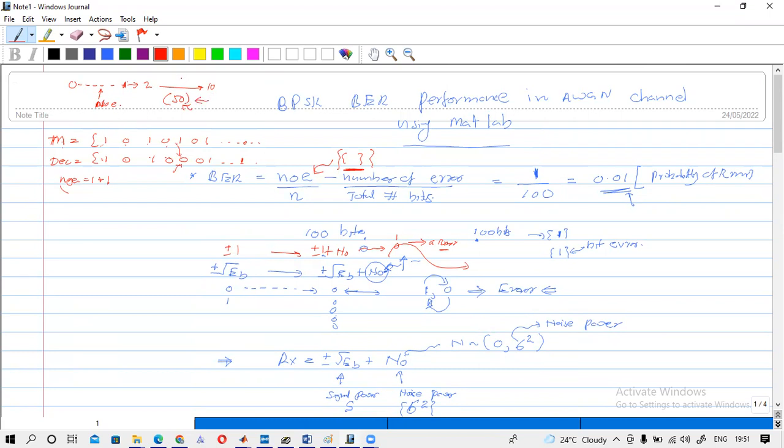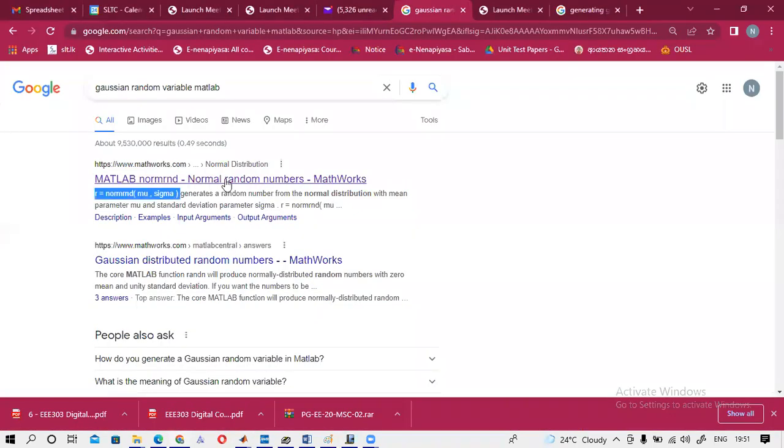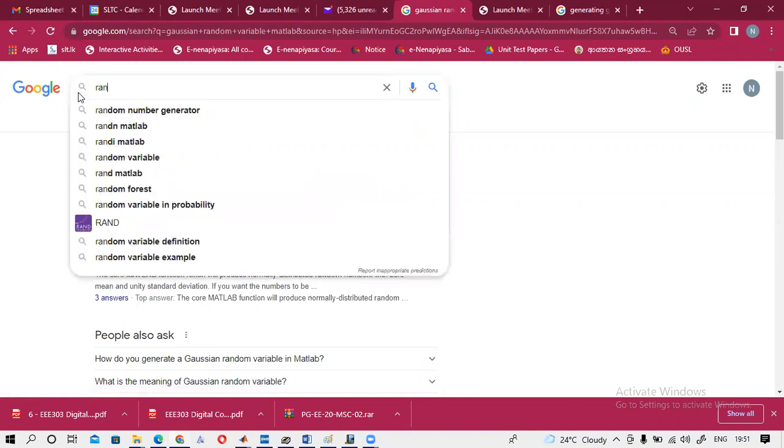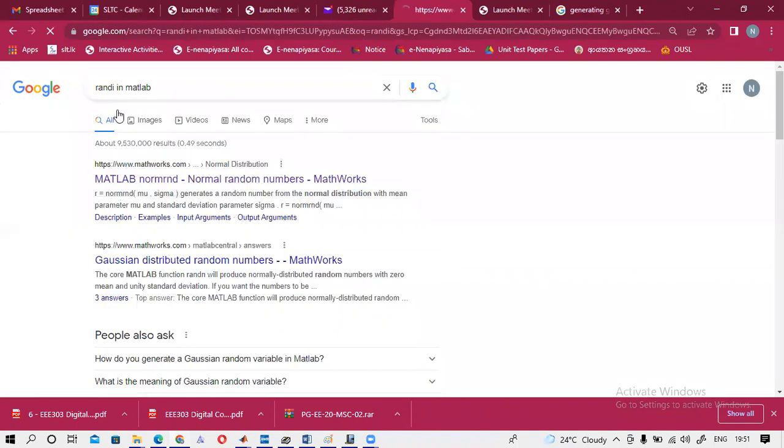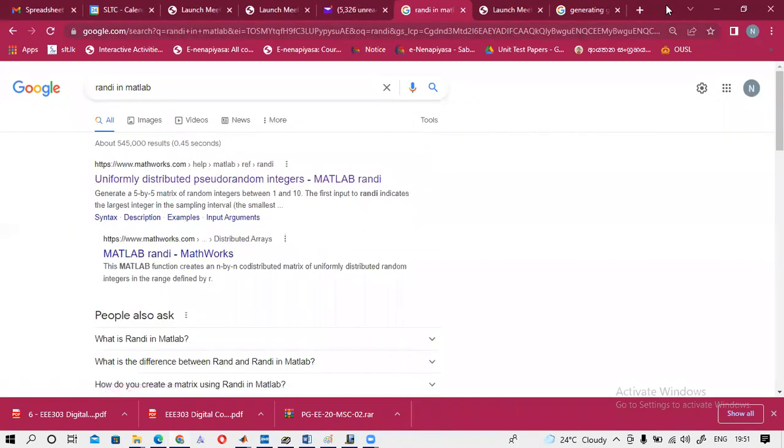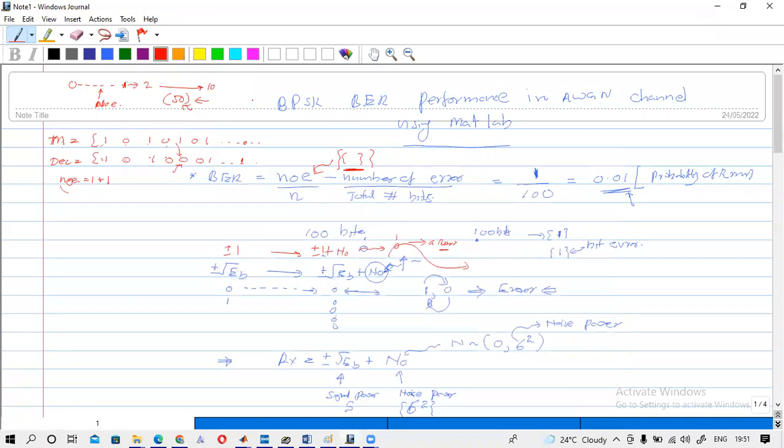You are generating the message signal. Remember, it is called a random variable, using randi, uniformly distributed values.